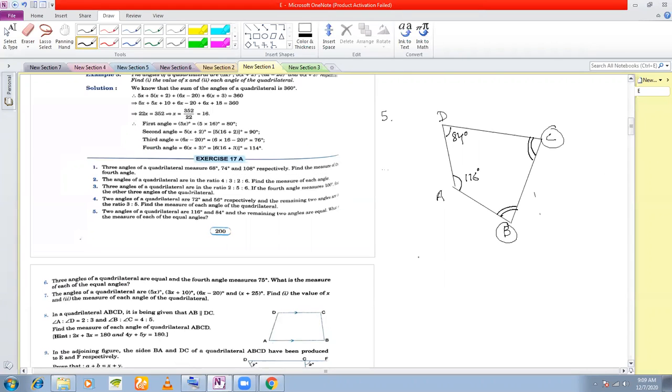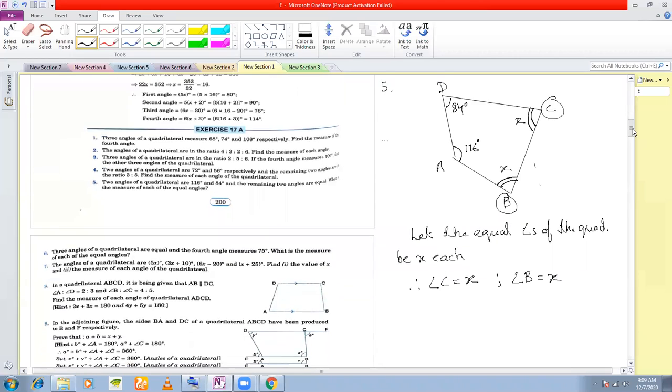So therefore, let the equal angles of the quadrilateral be X each. Angle C is X and angle B is also X.